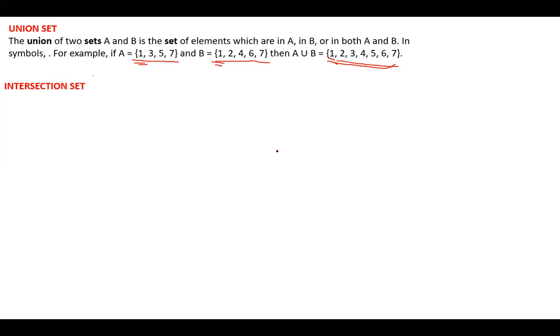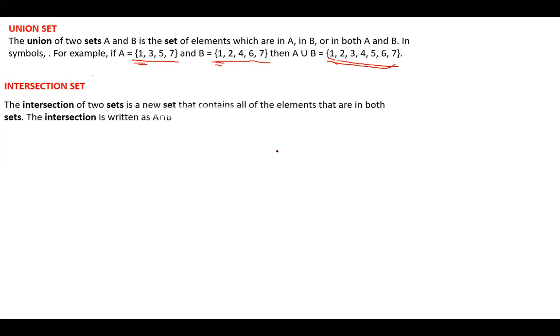Okay, so the intersection set. The intersection set is simply formed when you look at two sets, for instance A and B, and then you get the common elements in those two sets. Those common elements are the ones that we call the intersection, or the intersection part here.